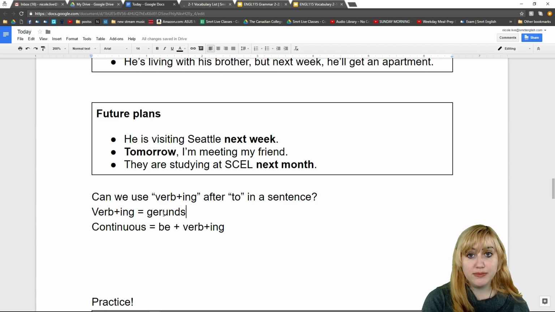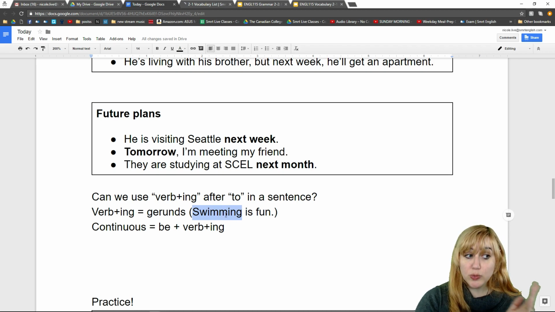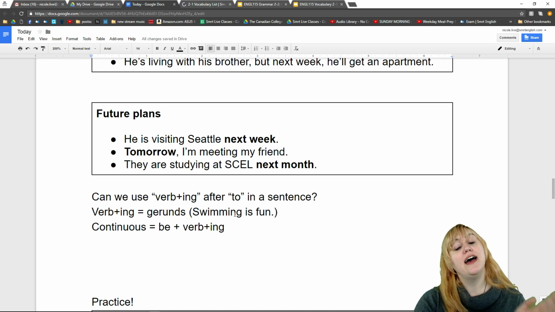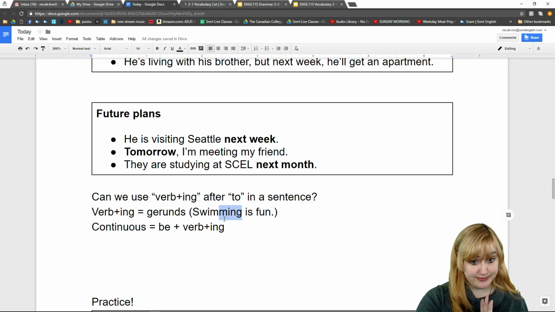Gerunds are verbs that we change into nouns. I'll give you a quick example. In the sentence, swimming is fun, the subject of this sentence is swimming. So swimming is actually a noun in this sentence. So anytime you change a verb to a noun, we also use that ing, but it's not continuous.